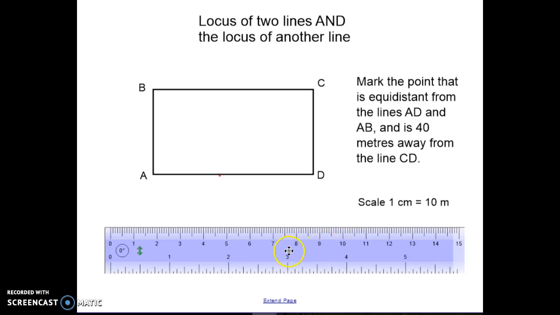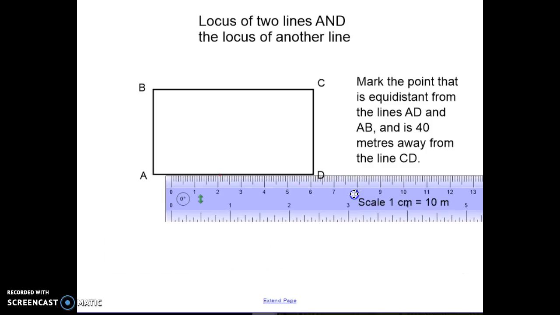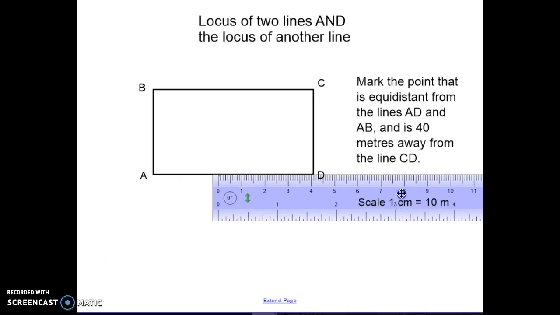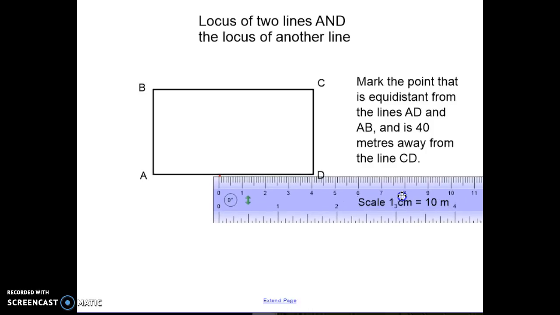So I take my ruler, so I've measured 4 centimeters in from CD. I've made a mark here.